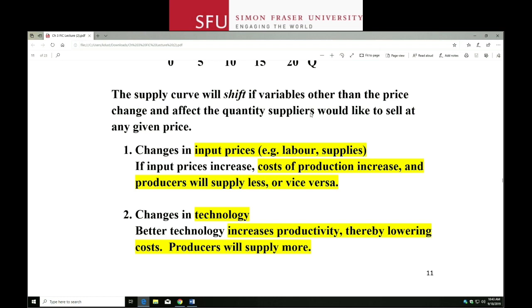All right, so those two factors will shift the supply curve because they influence profit.